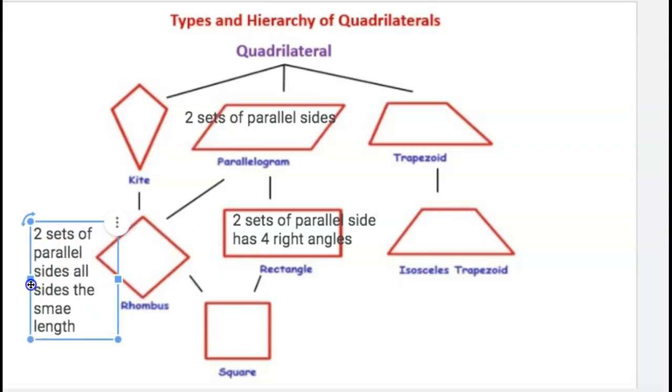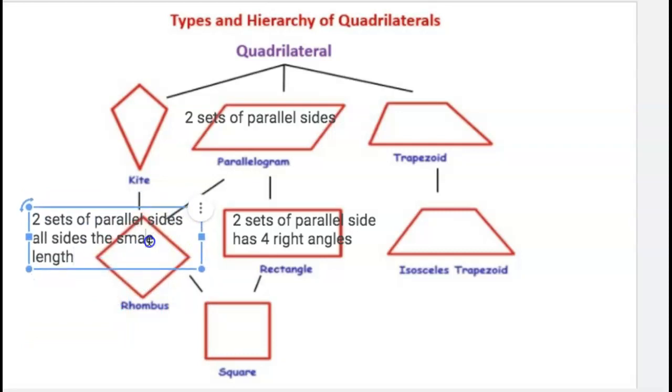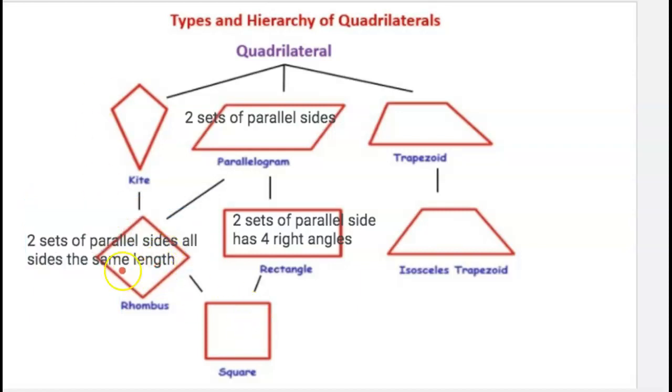All right, so that makes it a little bit more special than your regular old parallelogram, but maybe not quite as special as a square.